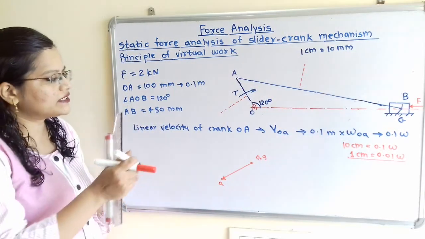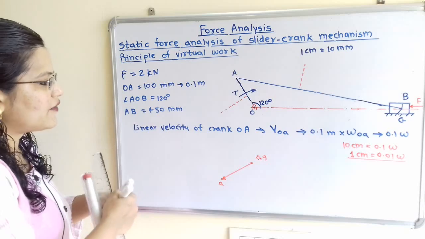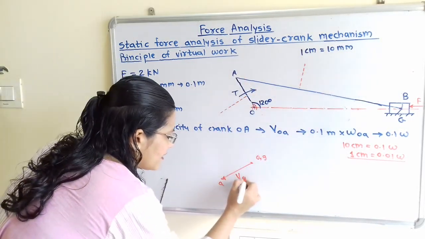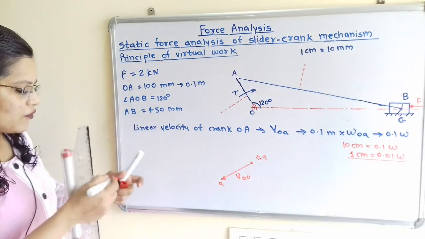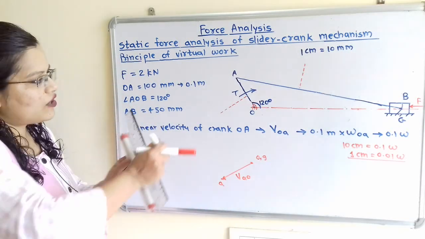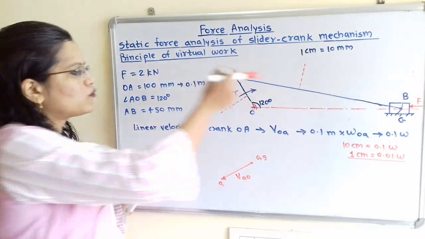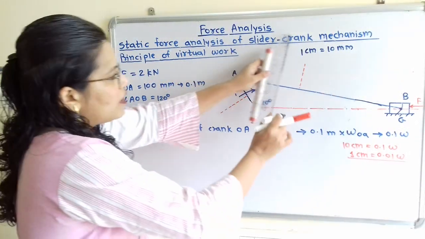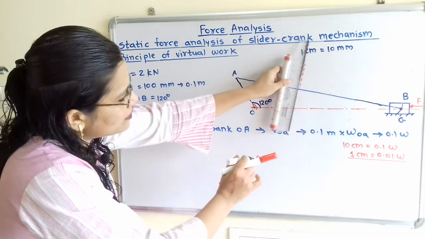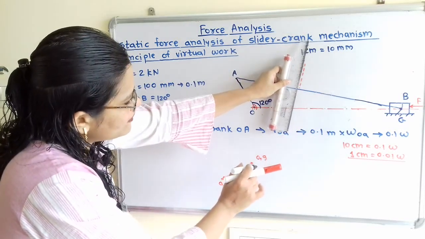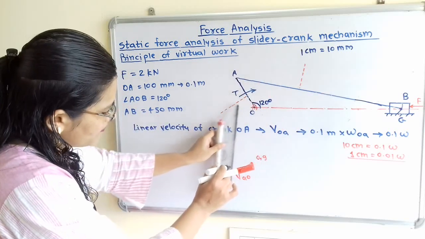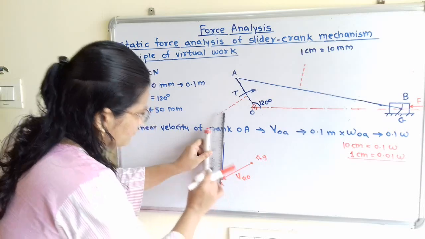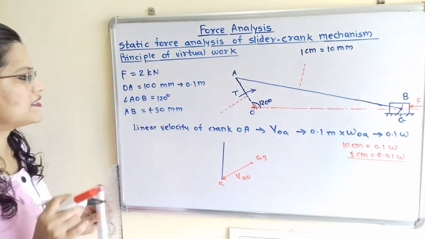So this is the velocity of A with respect to O. Now I will show the velocity of B with respect to A, because B is the final point and A is the initial point. So I will draw one line passing through point A, but parallel to this. So this is the line.